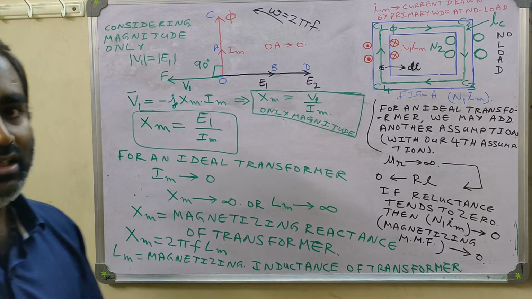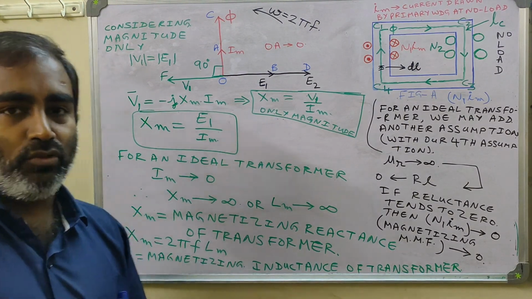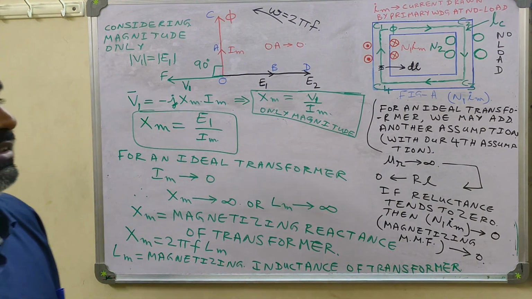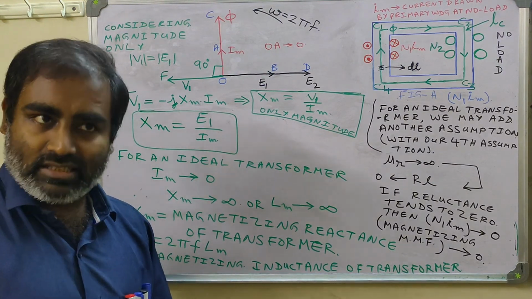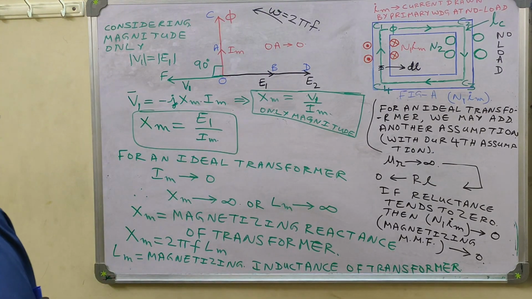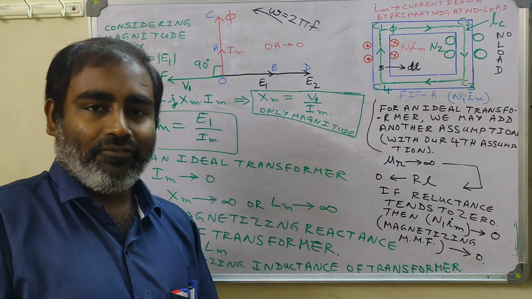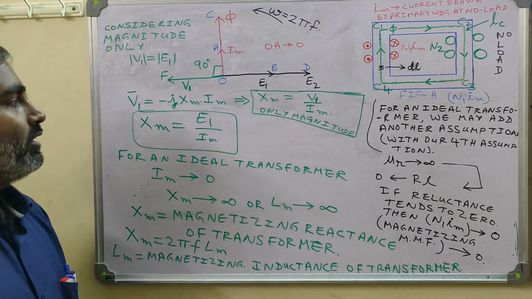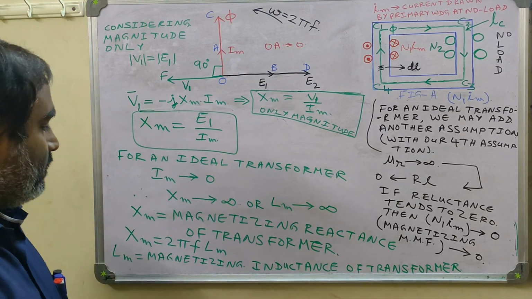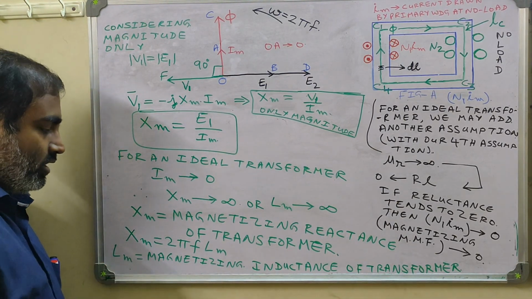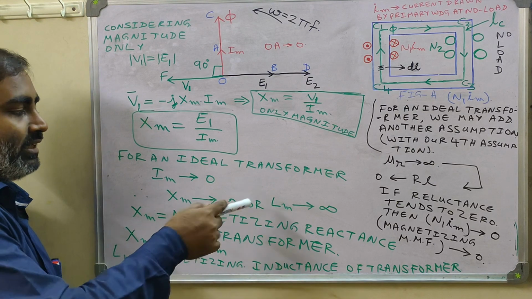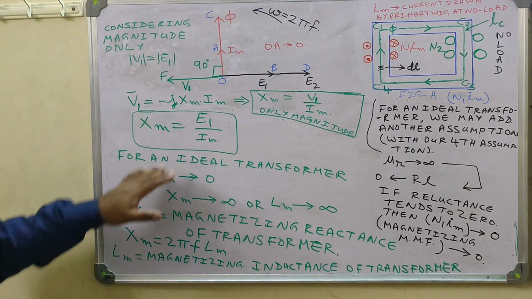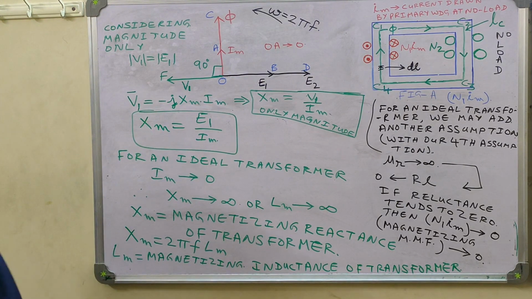If the voltage ratio, say V1 by V2 or E1 by E2, of both transformers is the same, and both are designed for operating at the same frequency f, let's say 50 Hz, then the transformer with the larger magnetizing reactance or larger magnetizing inductance will require a smaller magnetizing current, and vice versa.